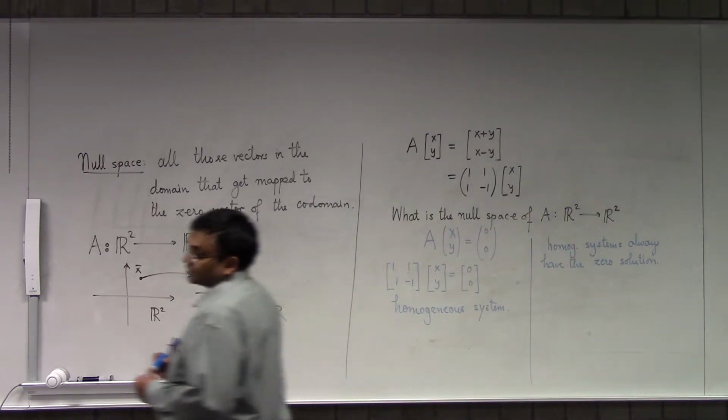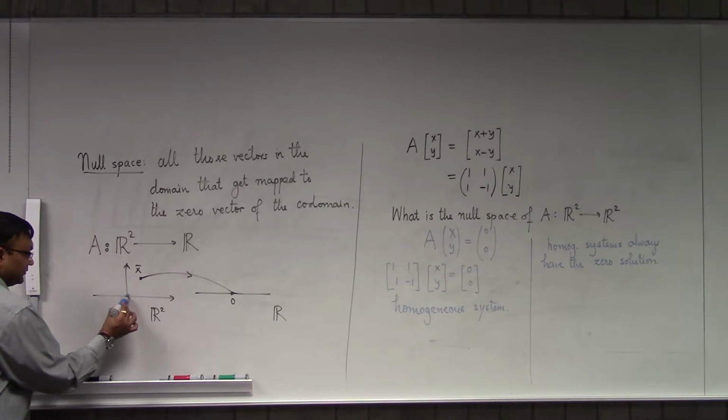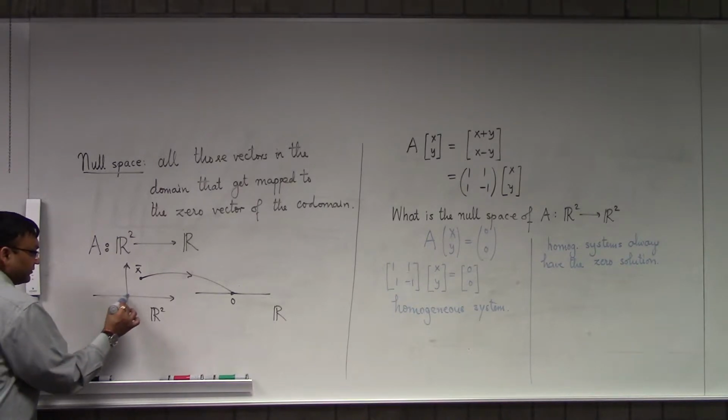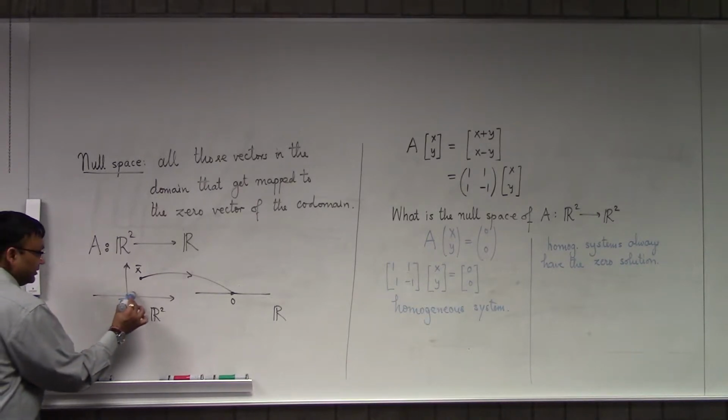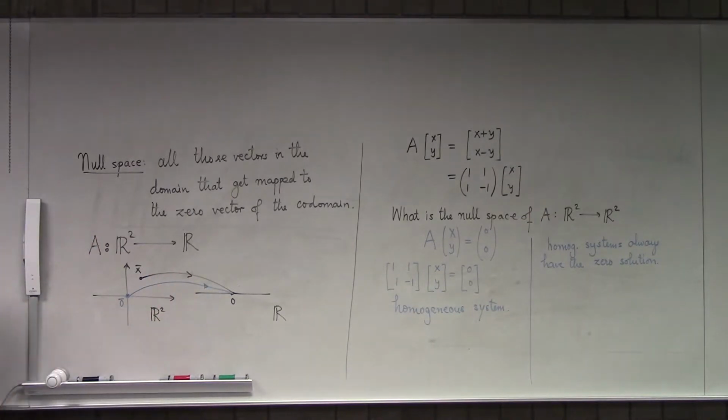It means that a null space will always contain something. So the null space will always contain the zero vector. No matter what function we are dealing with, any linear transformation, the zero vector is definitely something that would map to the zero vector.